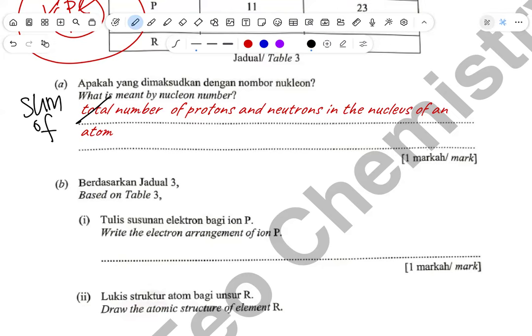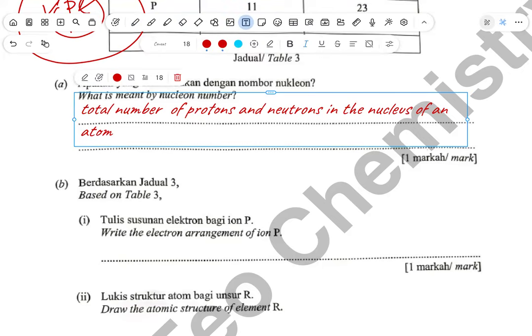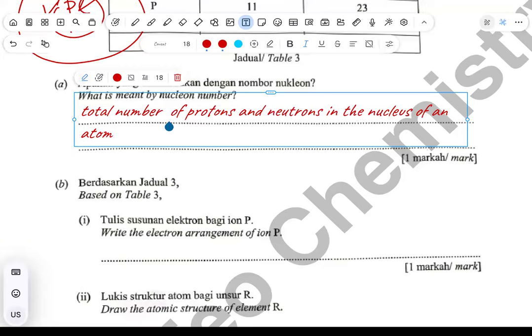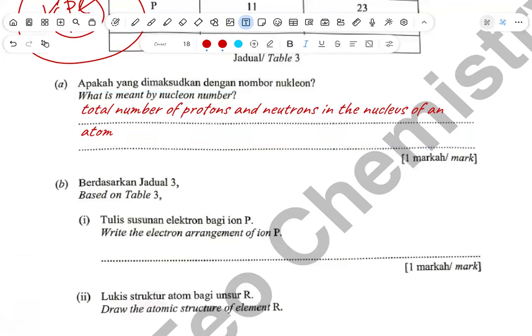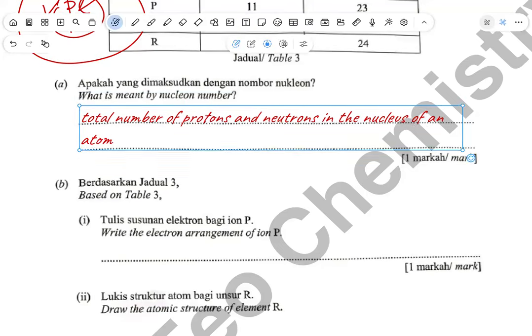The sum of the number of protons and neutrons in the nucleus of an atom. Because I think if you're following my class for a while, I told you before that chemistry is very particular in the way they mark the paper, isn't it? Among the 3 science subjects, chemistry marks the paper super strictly. Sometimes even if you miss out one keyword, you lose all the marks already.